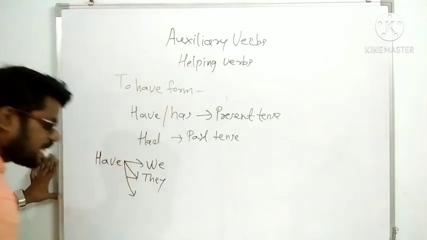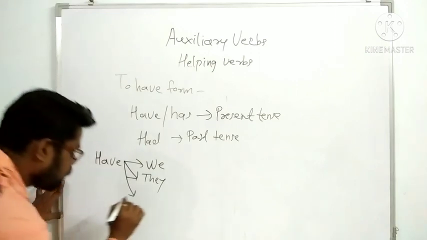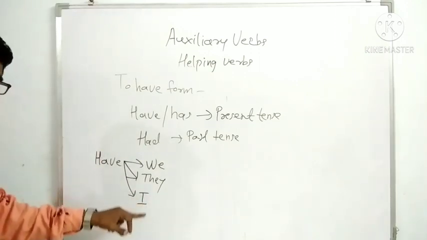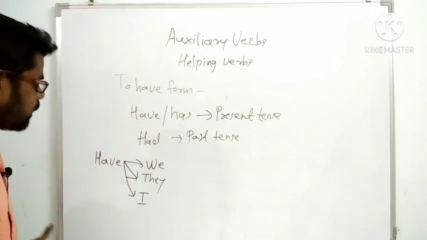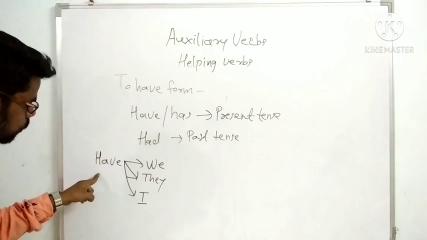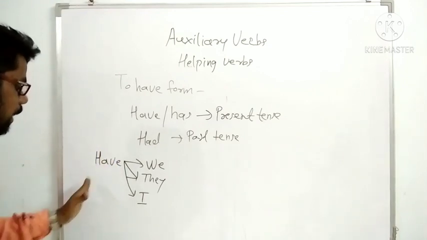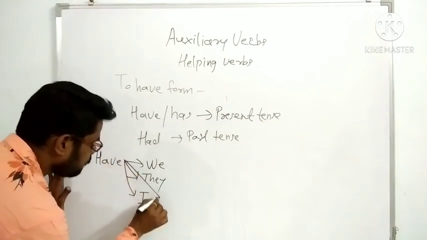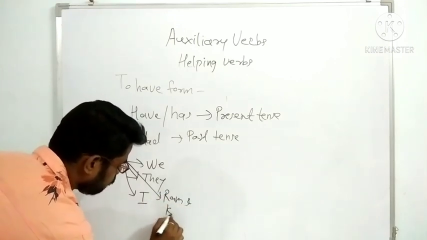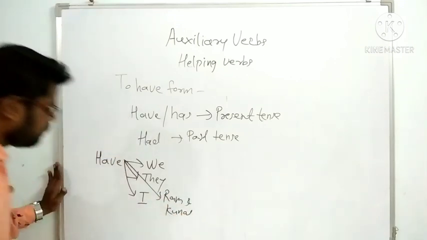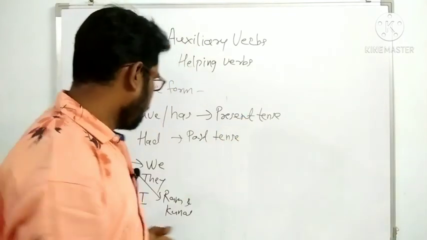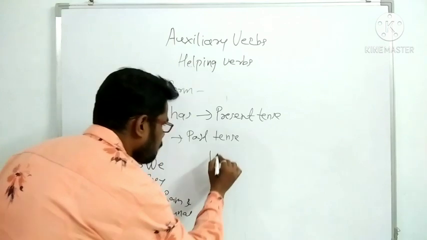An exception is there only: I have. It's a singular noun but the exception is there, and for the rest, the plural subjects, we follow have. For example, Ram and Kunal have. Okay, now next, has.